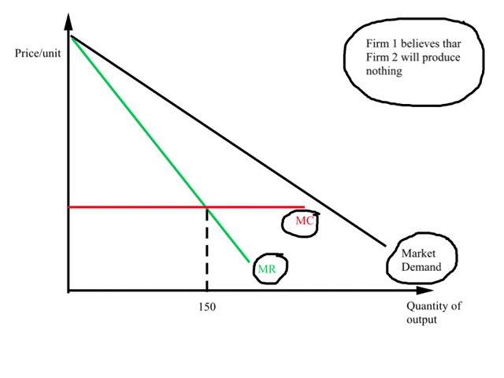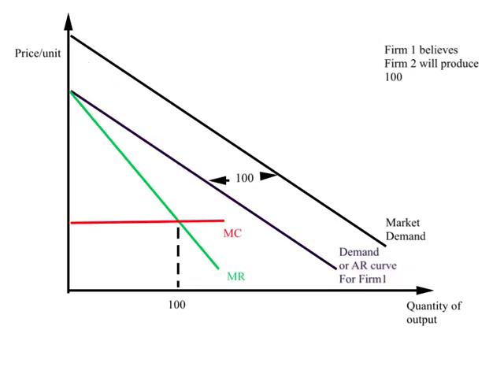Based on the condition for equilibrium, that is MR equals MC and MC intersects MR from below, this must be the equilibrium point for firm 1 when it believes firm 2 will produce nothing, and accordingly it will determine its optimal level of output, and that will be 150 units. So when firm 1 believes that firm 2 will produce nothing, firm 1 will produce 150 units of output.